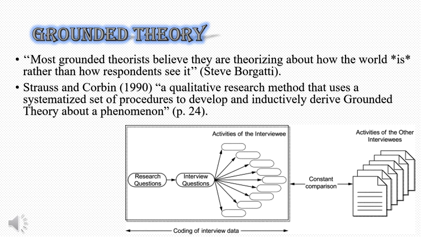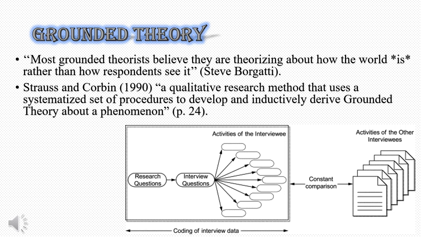Strauss and Corbin in 1990 wrote another definition, where they said a qualitative research method that uses a systematized set of procedures to develop and inductively derive grounded theory about a phenomenon is actually called grounded theory. So you would see that there is an evolution so far as the definition is concerned.